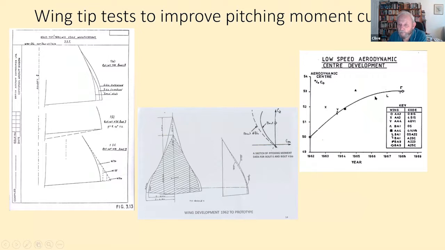By the time we finished, we had the aerodynamic center back 3%, and that in that sort of region, which was actually quite important. I think you can see that these changes come from really fairly subtle changes to the wing planform out and to the wing tip. And quite a lot of wind tunnel work went on in order to get that sort of lifting curve change.